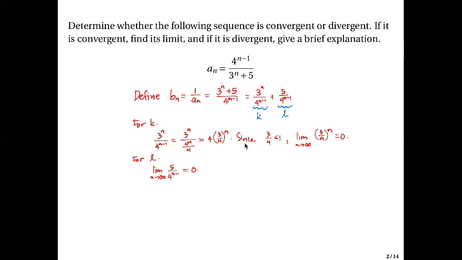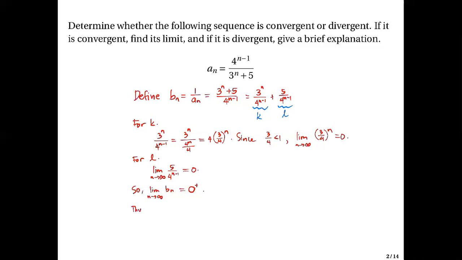Which means that the limit of b sub n as n approaches infinity is equal to 0. And since all the terms here are positive, this limit actually goes to 0 from the right. Correct?